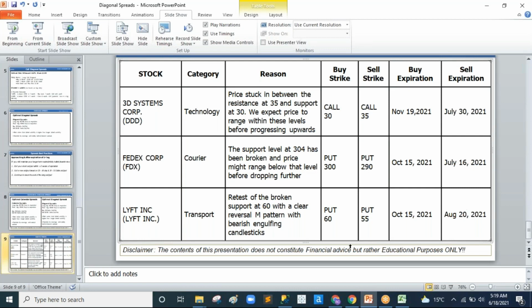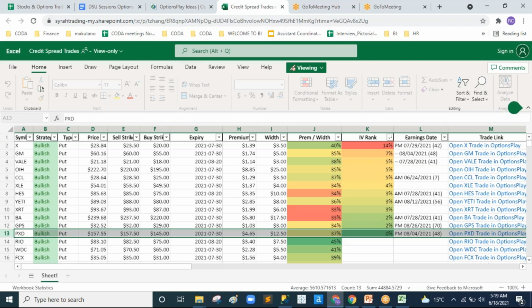Okay. So we're going to implement it later. So we are saying we're looking at X. No, PXD. Let's just use PXD or X, GPS.